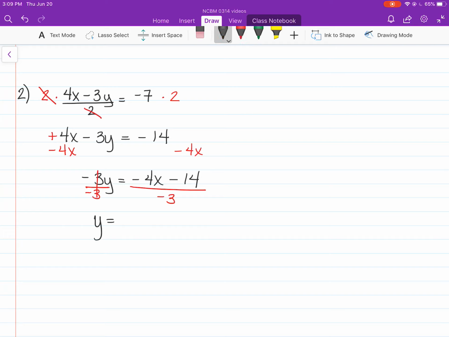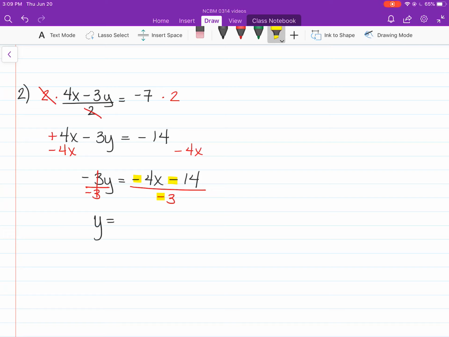Now, notice that 14, 4, and 3 really don't have any number in common. I mean, 14 and 4 are both divisible by 2, but 3 is not divisible by 2. So there's really not anything we can do to reduce the numbers themselves. But look at all 3 numbers. They all happen to be negative. So we could do a negative divided by a negative, which is actually a positive.